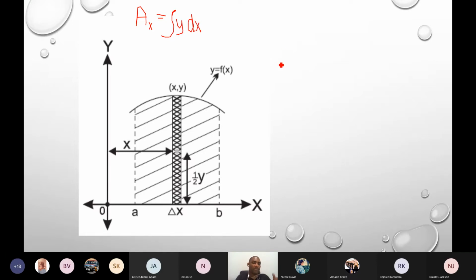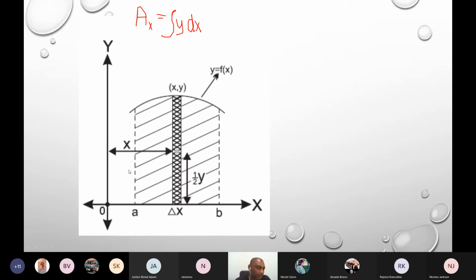But if the limits were in the y-axis, it would be x dy. Do you understand it? If my graph's limits were in the y-axis, area would be x dy. So if you know limits in the x, you can know limits in the y. That's what I'm trying to say. You see it for yourself when I show you the formula. Now let's go back to our graph.